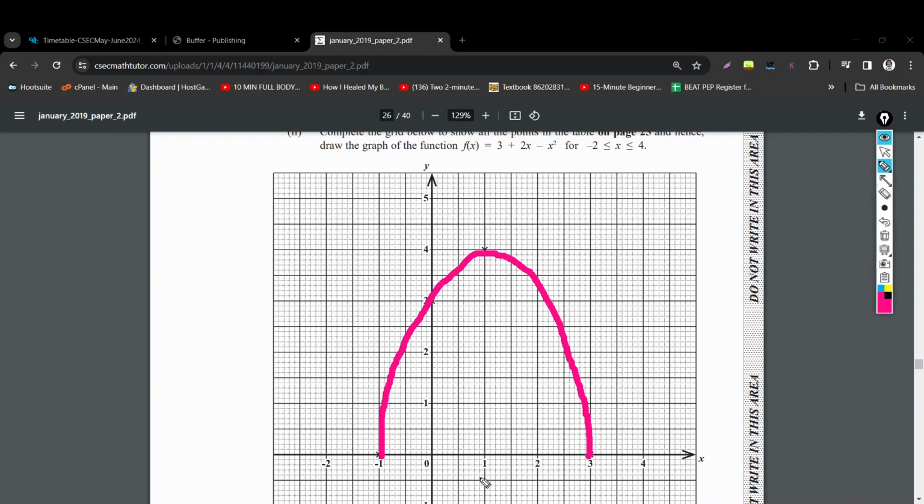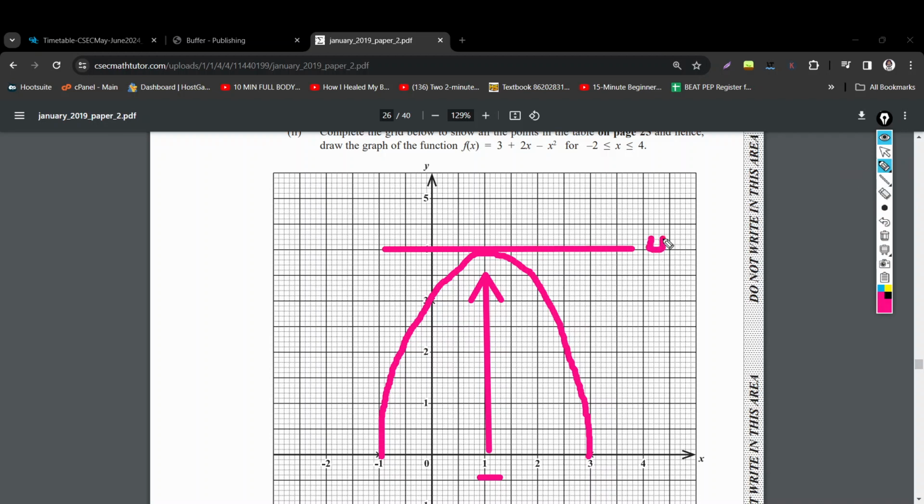Okay, so at x is equal to 1, which is right here, if you look carefully, they're asking for the gradient at that point, but the tangent there has no gradient.